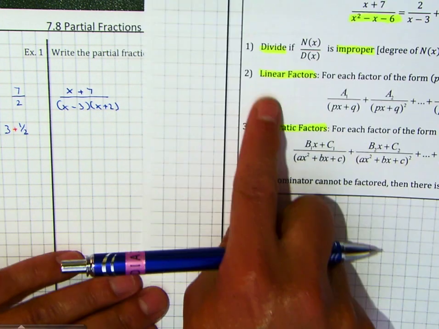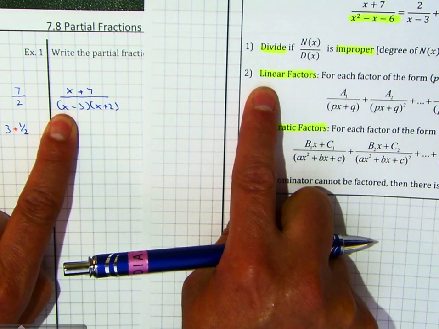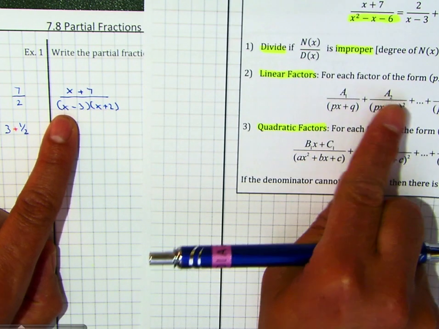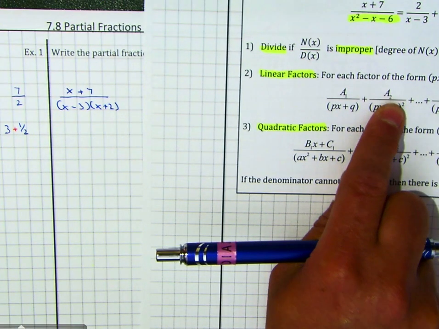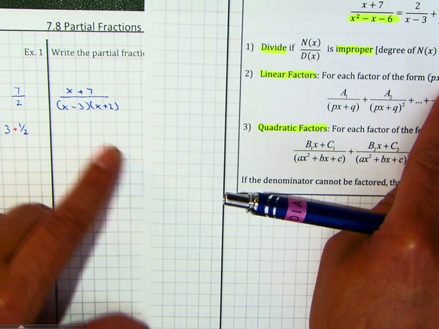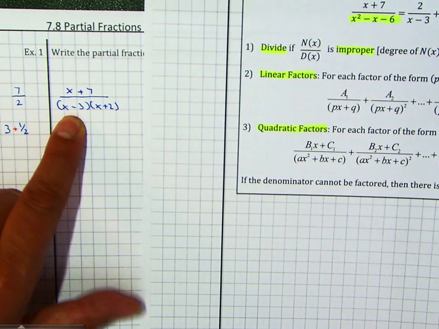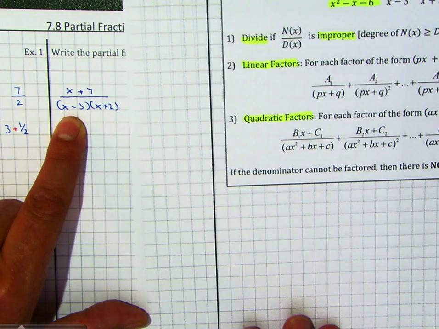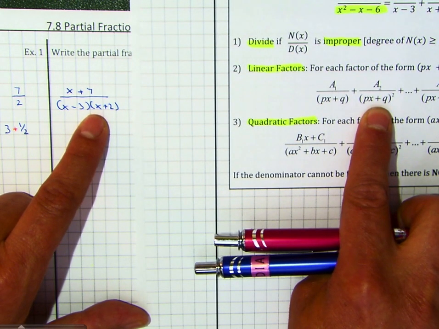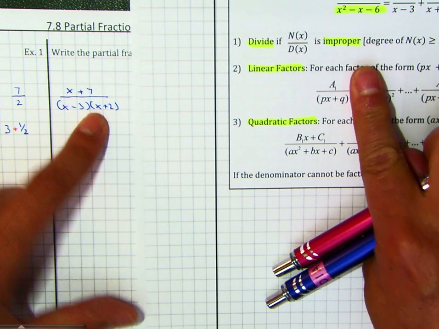And if you notice, the denominator only has linear factors. So we're going to use just one letter on the numerator for each one. In this case, there are only linear factors, and they're only to the exponent of 1. There's only one x minus 3, and there's only one x plus 2. So we don't have to worry about the other case here. We're just going to use the first one.